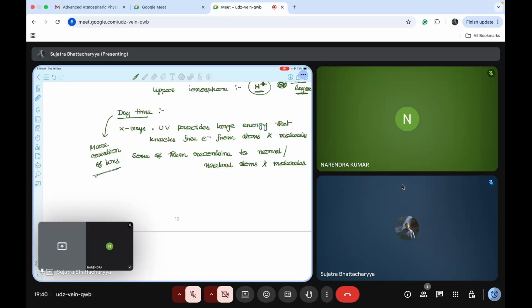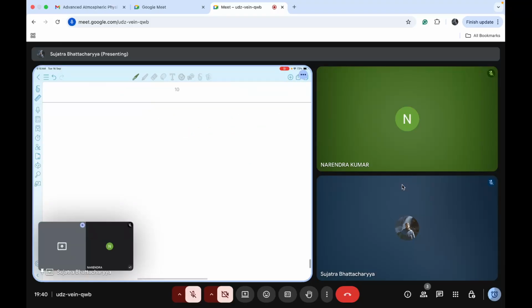Okay. And now if you go to the night time, because the solar radiation is cut, the recombination predominates.